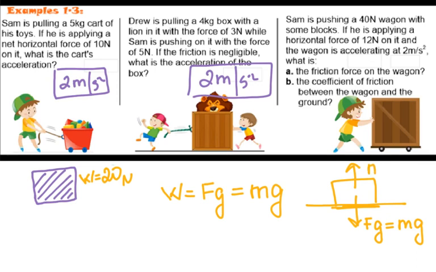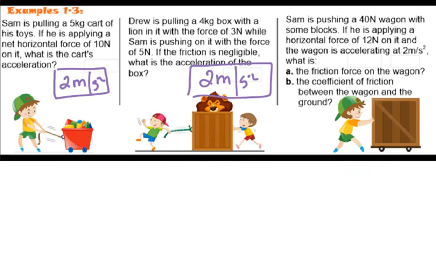So the weight and the normal force are exactly the same thing. If they tell you that the force of gravity or weight is equal to 20 newtons, that means this is mg. But g is 10, so I can tell that the mass in this case is equal to 2 kilograms. Okay, let's look at the next question.